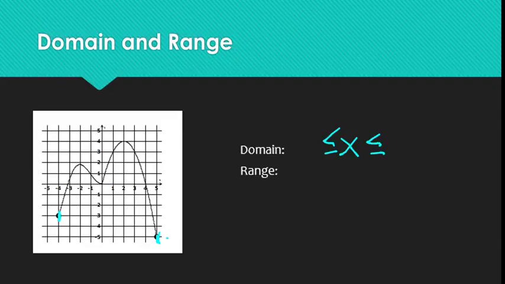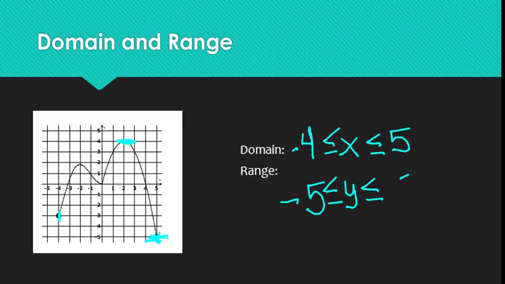My smallest x value is at -4 and the largest is at 5. The range, the highest value is way up here at 4 and the lowest value is down here at -5. So we set it up exactly the same. The smallest value goes to the left, the larger value goes to the right.